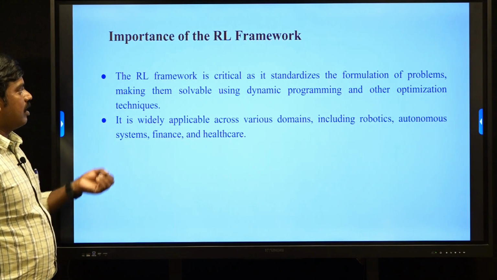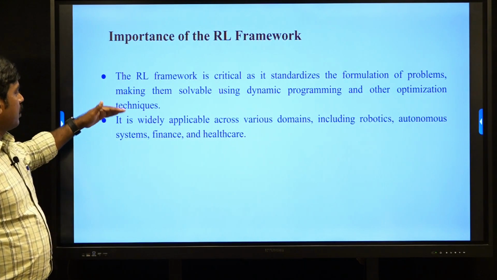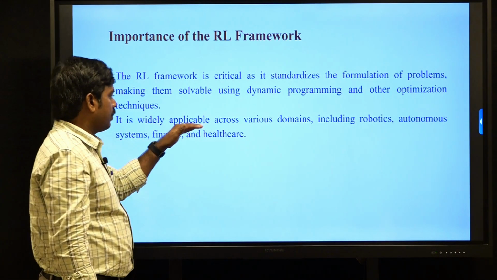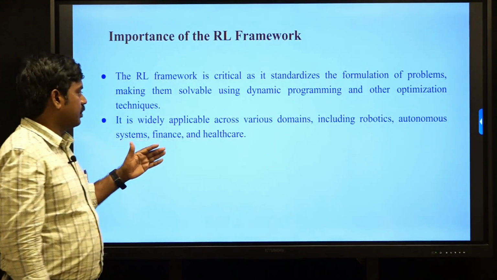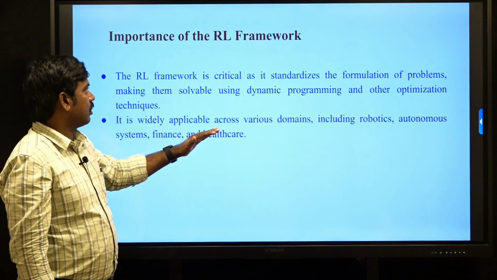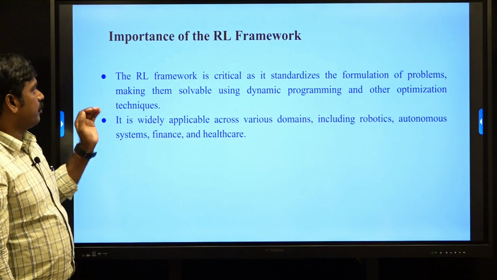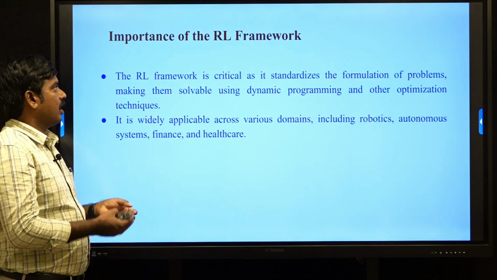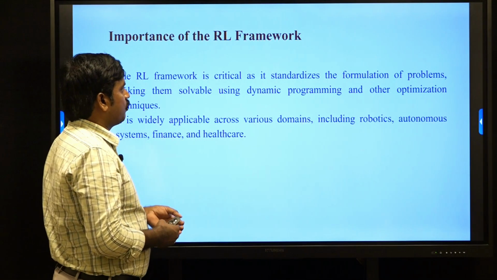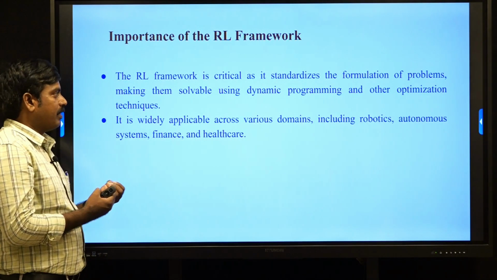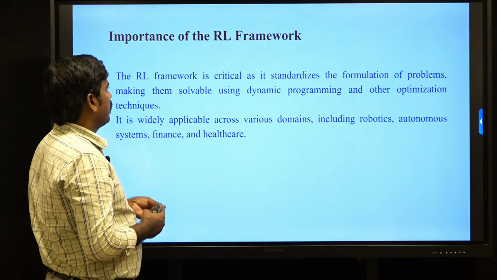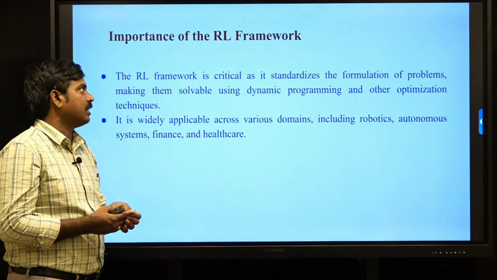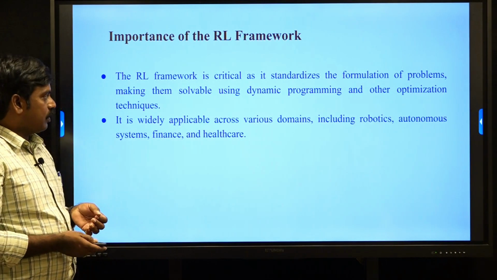This framework is widely applicable across various domains, including robotics, autonomous systems, finance and healthcare. So we solve many problems using the reinforcement learning framework, which makes the problems easier to solve. So that is very important. We now know the reinforcement learning framework. Okay, thank you all.